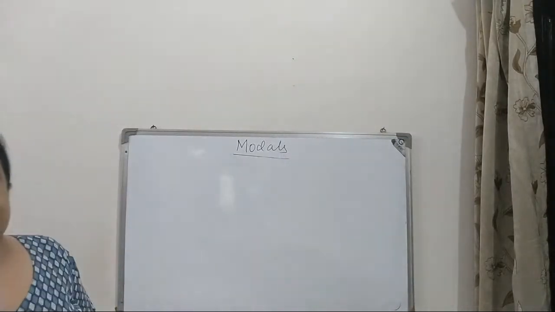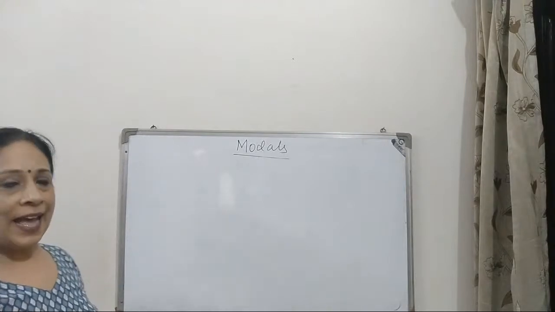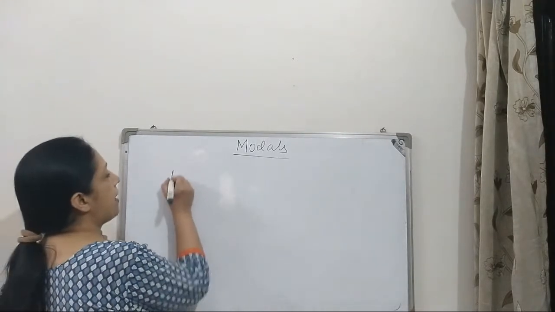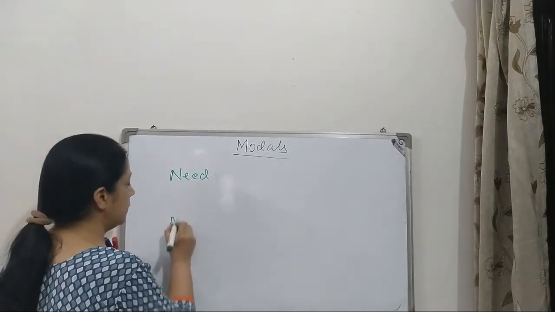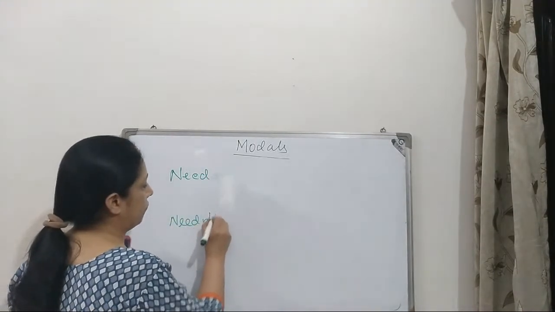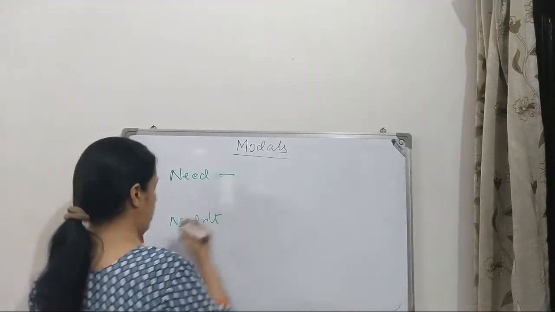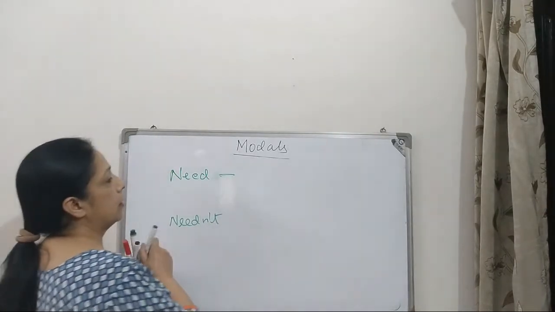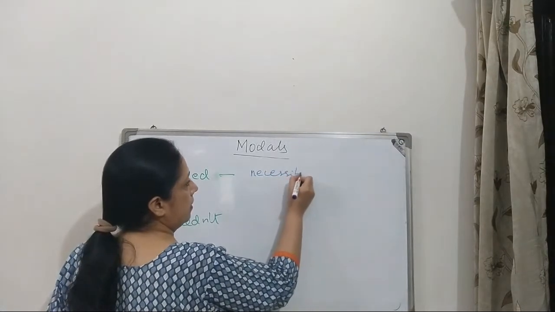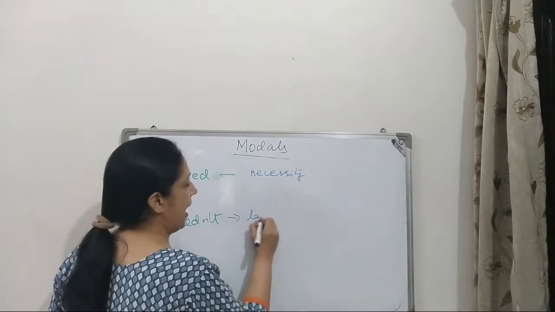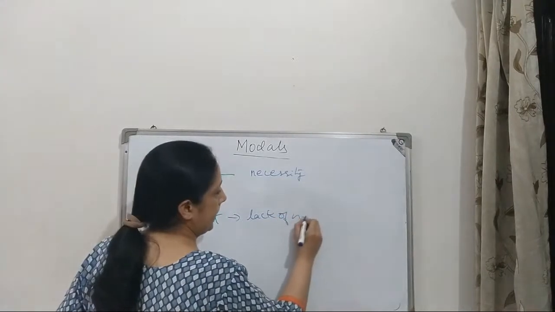Need is necessity, needn't is lack of necessity. So let us write both of them together. Need and needn't. This is for necessity, and this is for lack of necessity.